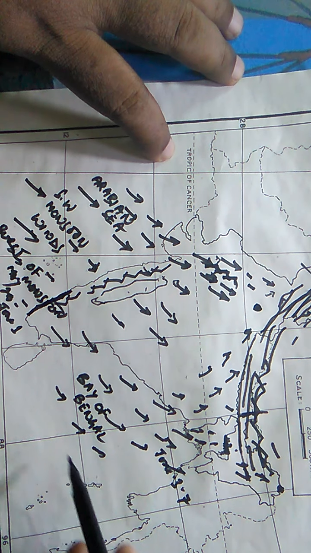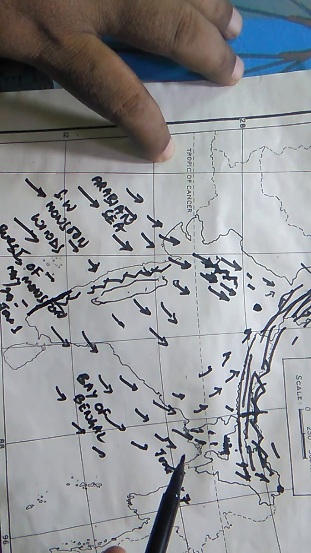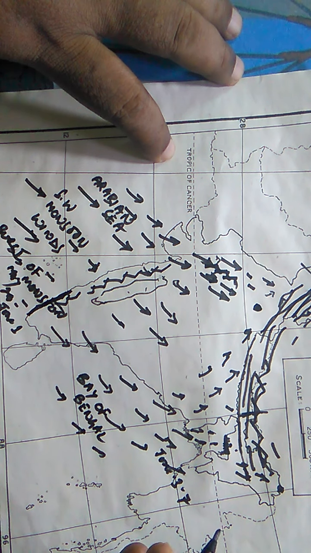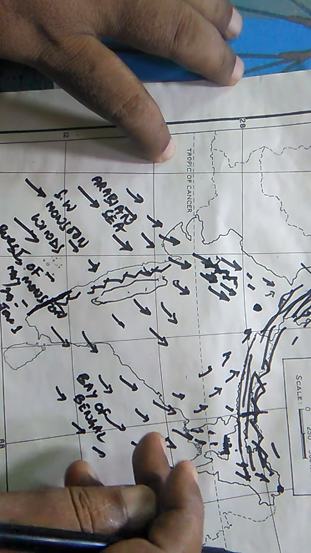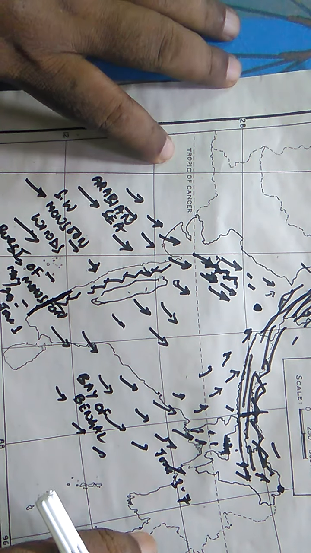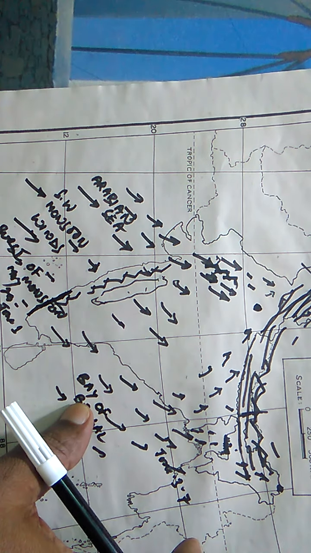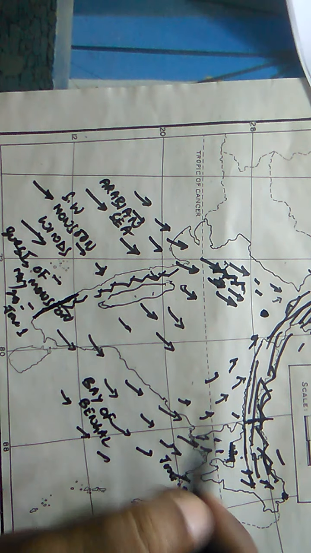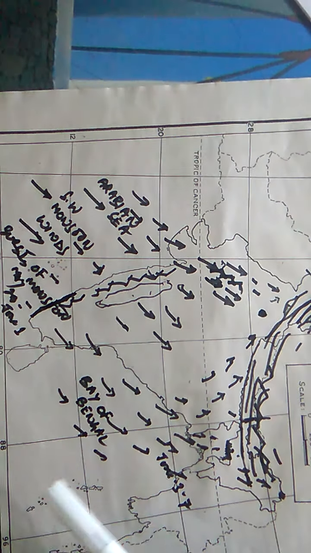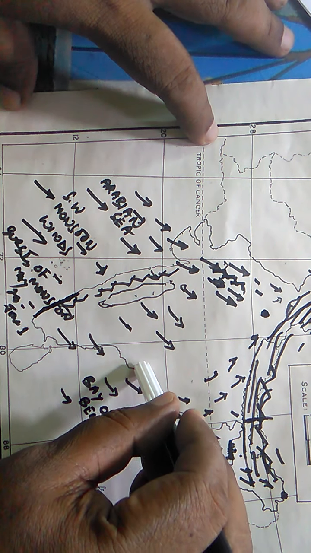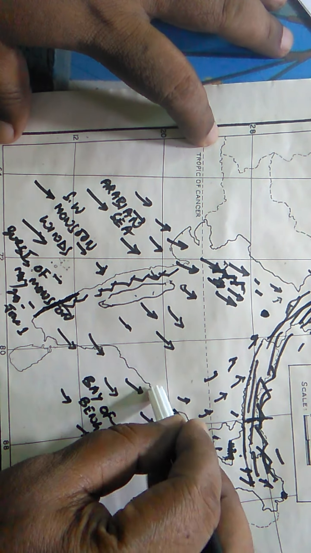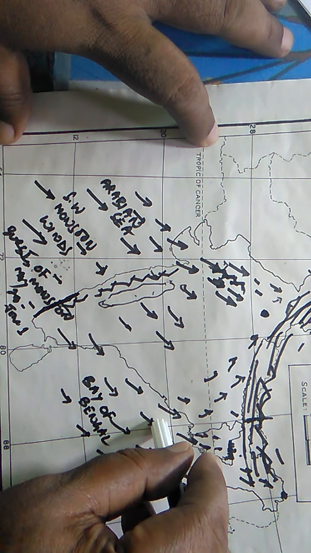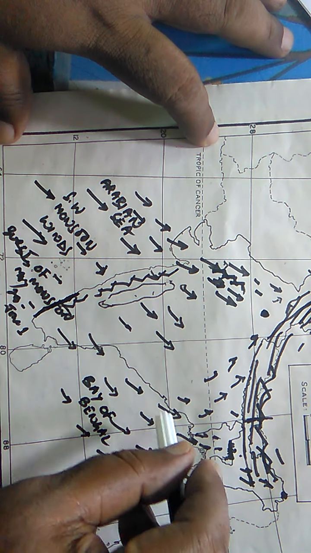Now the monsoon season in our country is supposed to be normally between June and September. But it is not that during this entire period there is continuous rainfall. It does not rain all the time. During this period, June to September, there are periods when there is heavy rainfall, but also periods of break when there is no rain.